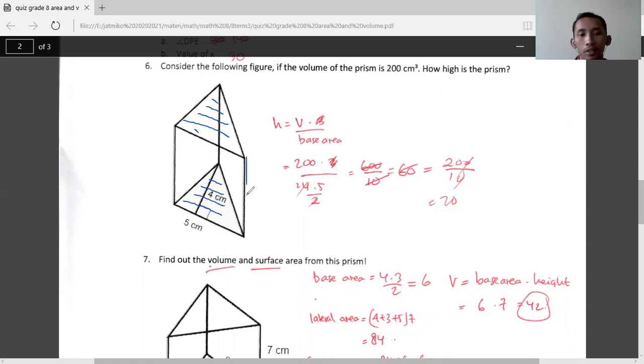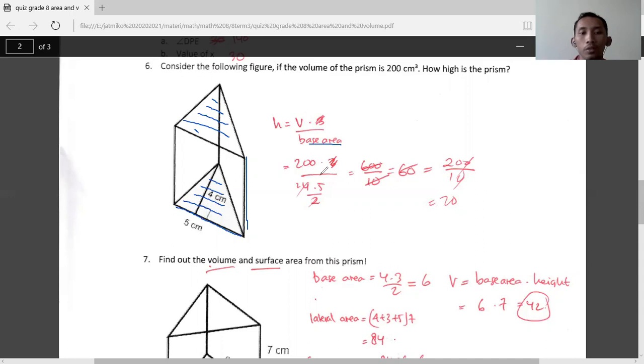It is this part. Jadi yang namanya alas sama tutup itu dia sejajar. Nah, yang menghadap sisi sejajar itu sebagai tingginya. So what I need is this length or this length or this length. Same. How to find height from volume per base area? Be careful, base area, not only base side, different, yeah. This is base side and this is base area.